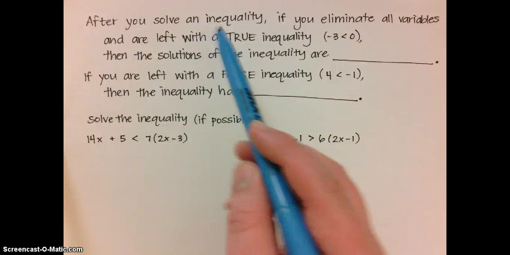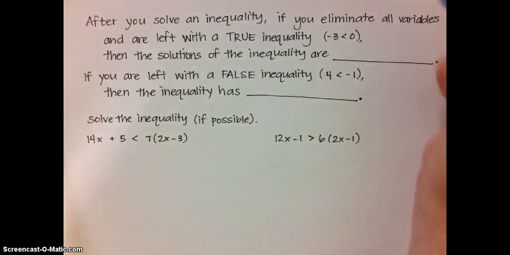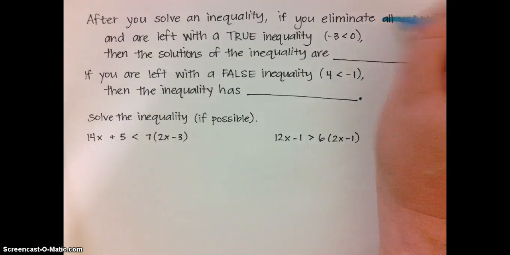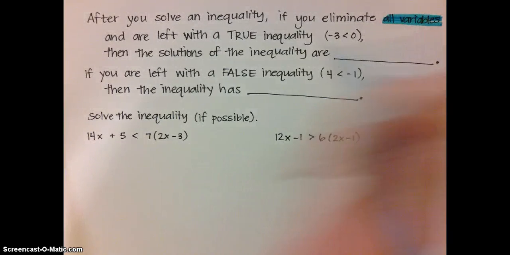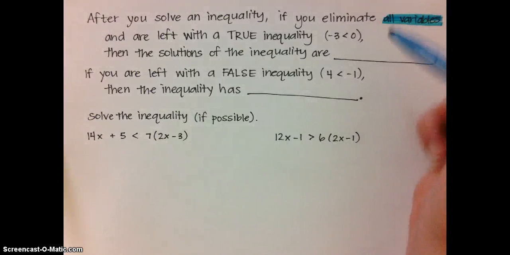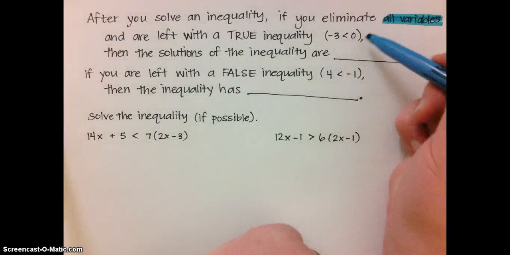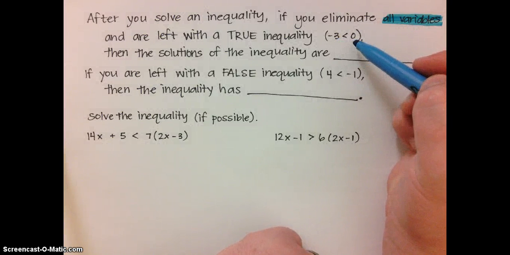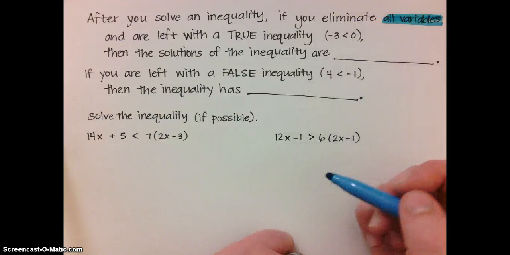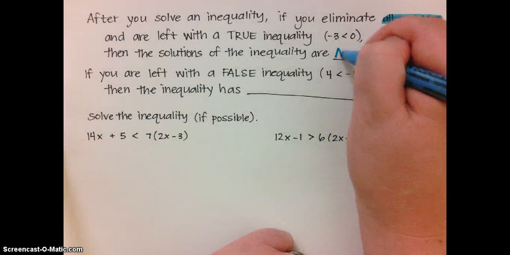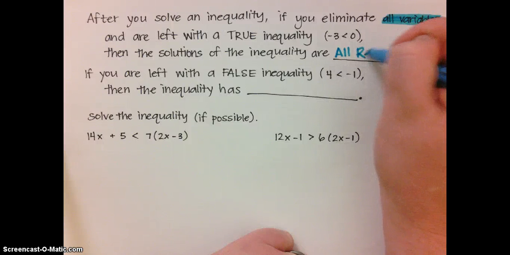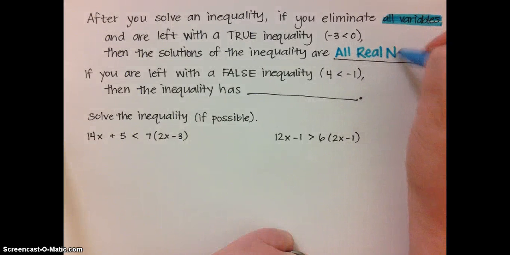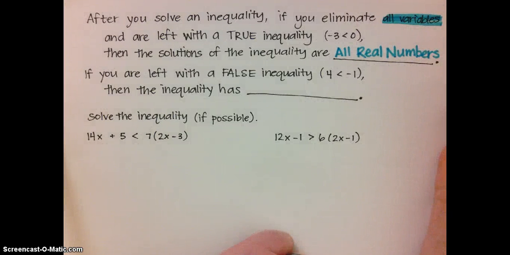After you solve an inequality, if you eliminate all of the variables, which might happen sometimes, and you're left with a true inequality, meaning when you read the inequality you're left with, it's true, such as how negative 3 is really less than 0, then the solutions of the inequality are all real numbers. Which means it can be any of the real numbers. Okay, we're not going to be limited.